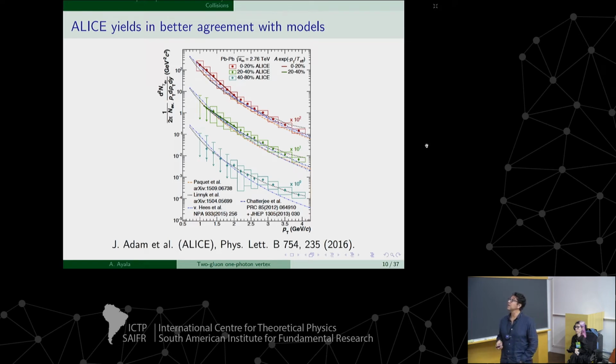So in fact, the standard model, so to speak, that describes these electromagnetic probes worked well, although you could say perhaps at the lower edge of the statistical errors in these measurements. But nevertheless, it's important to keep in mind that there is this tension between ALICE and STAR with PHENIX data.